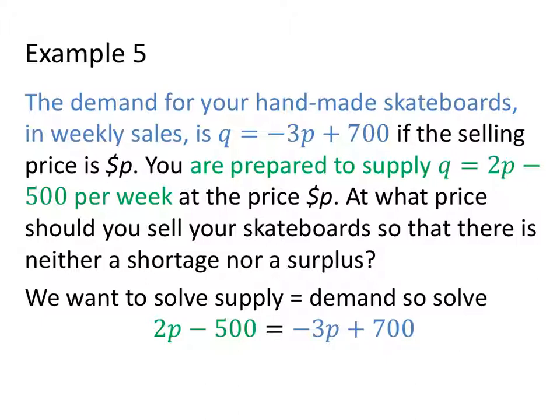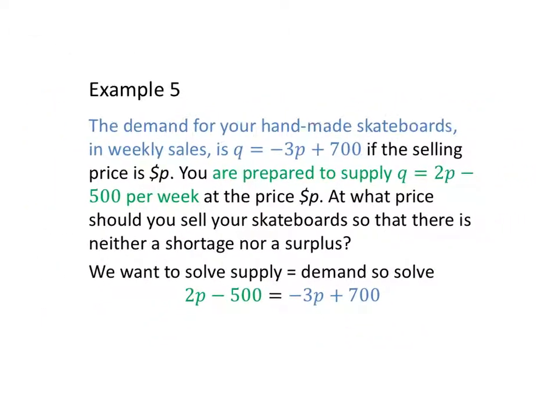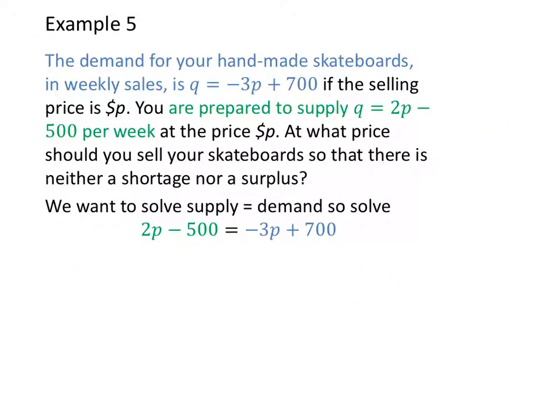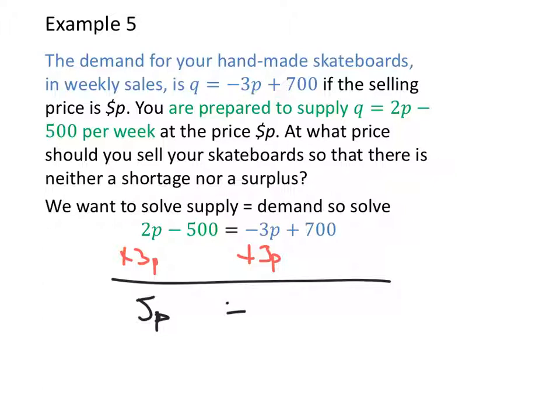To solve supply equals demand, let's see what we can do here. Let's make this smaller, move it out of the way. And let's see about writing some stuff here. Let's use red. I'm going to add 3P to both sides. And when I do that, I'll have 5P on the left of my equal sign.